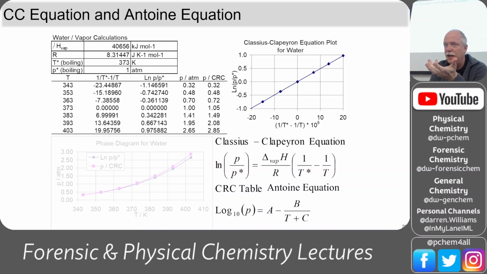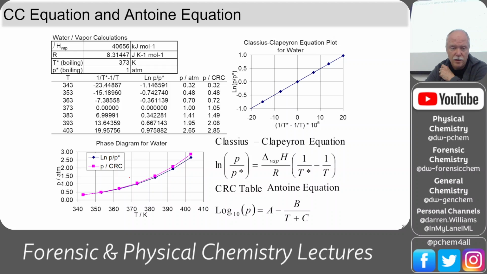Other times you don't find that for a substance and you need to find its vapor pressure. You might find the A, B, and C constants, the Antoine equation constants. And so this would be the equation for the Antoine constants. And you can see they match pretty well. So this pink one is from the Antoine equation, and the blue one is from the Clausius Clapeyron equation.